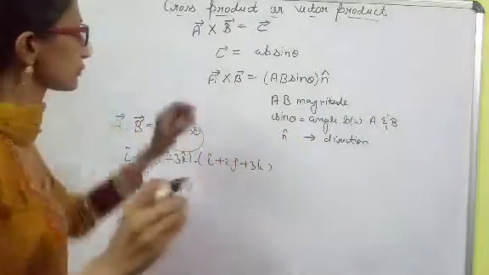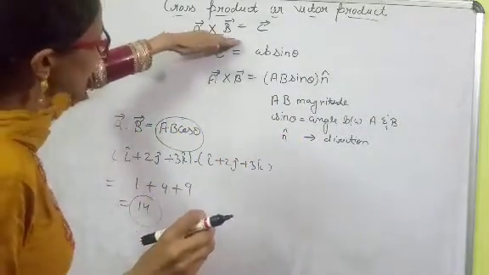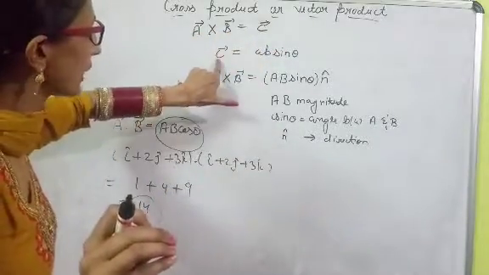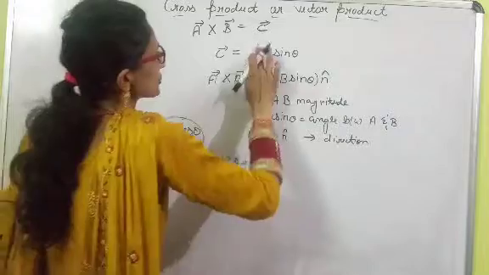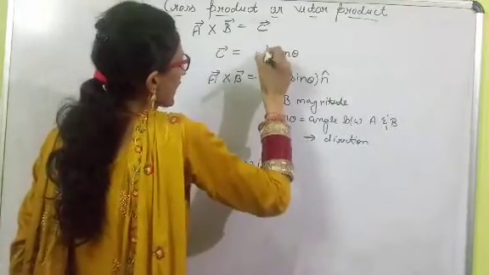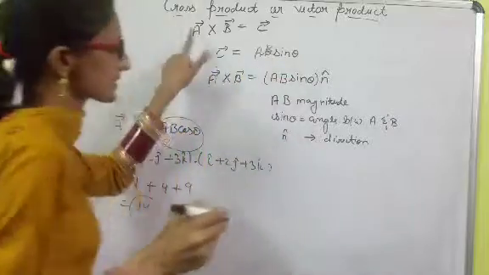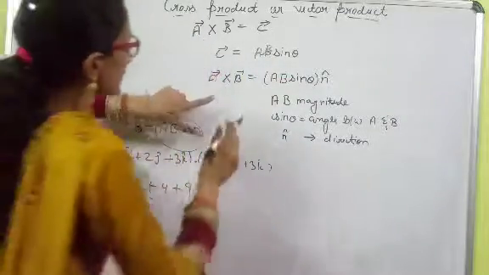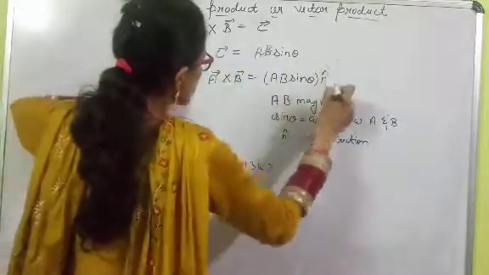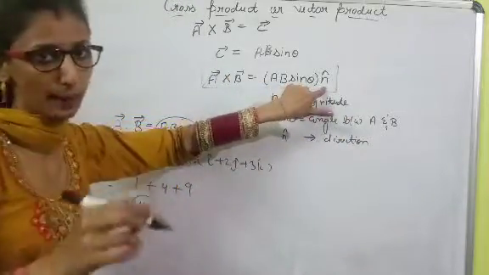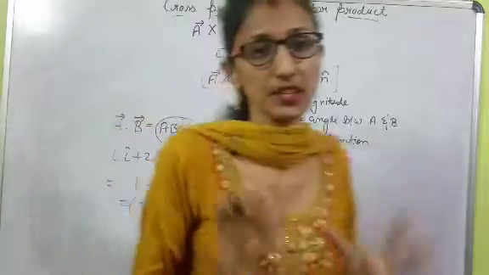The cross product of two vectors, a cross b, is equal to a third vector c that has a value equal to the magnitudes of vectors a and b times the sine of the angle between them. We can write a cross b equals ab sin theta n cap, where n cap represents the direction.